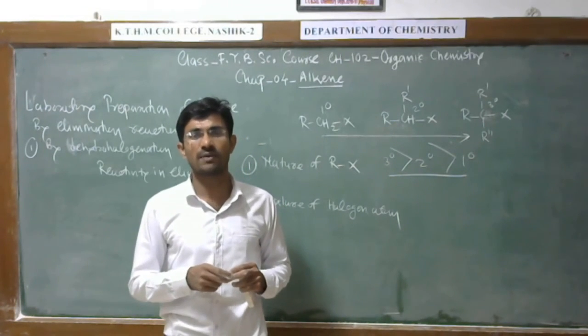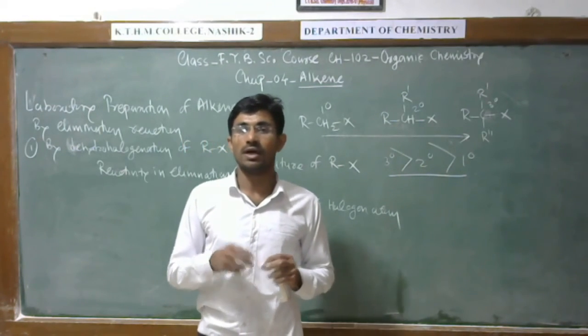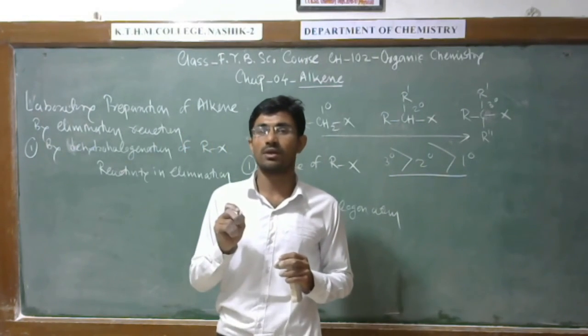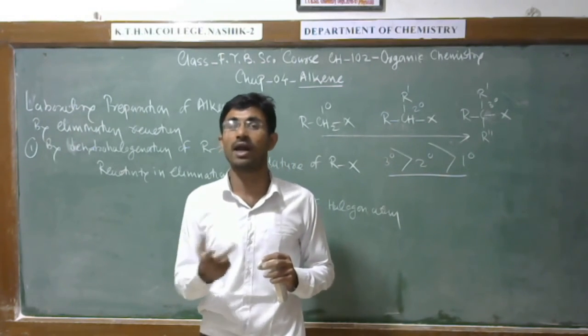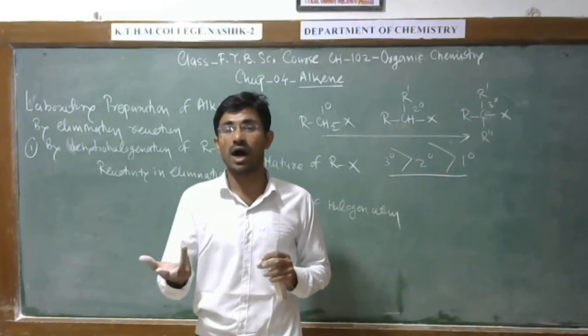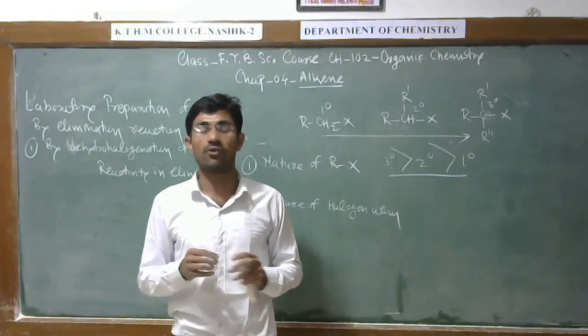Second factor is the nature of the halogen atom. Nature of halogen atom means alkyl iodide is more reactive than alkyl bromide. Alkyl bromide is more reactive than alkyl chloride. Alkyl chloride is more reactive than alkyl fluoride.